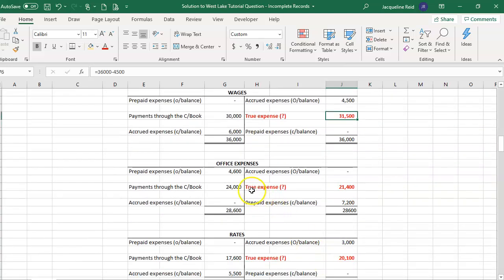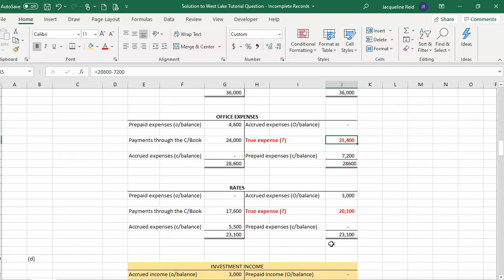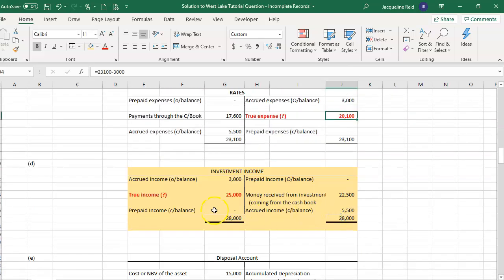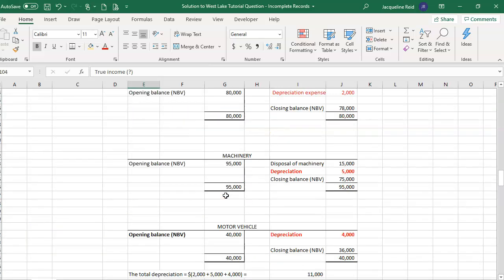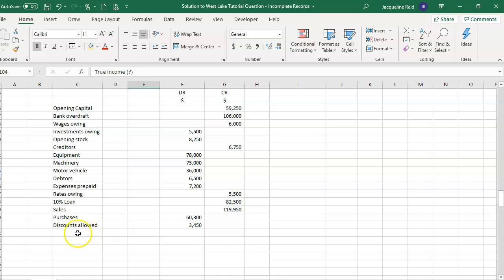We're going to pick up office expenses of 21,400, and we're going to pick up rates of 20,100. And while we're at it, we're going to pick up an additional income of $25,000. So let's go back down and put those in.